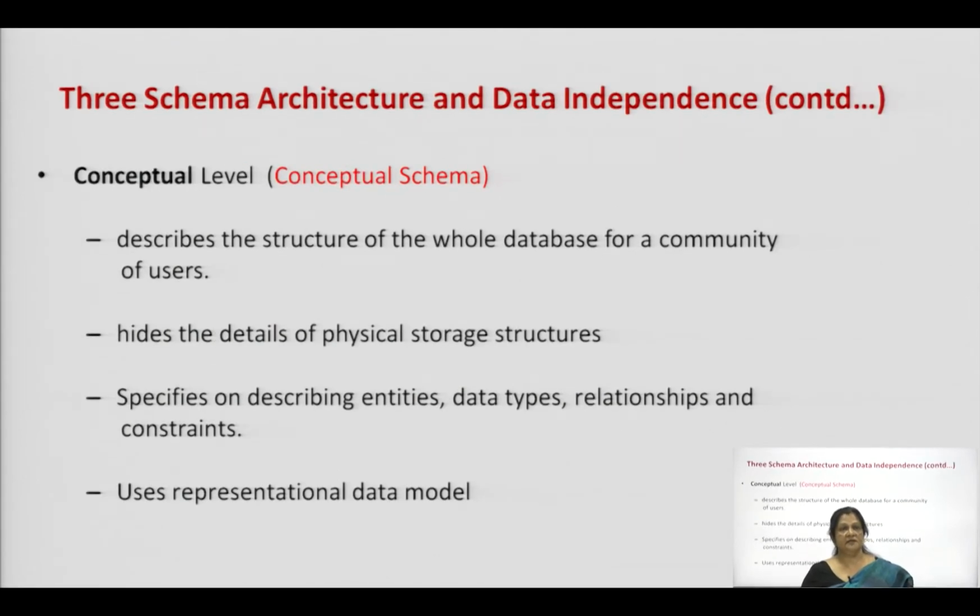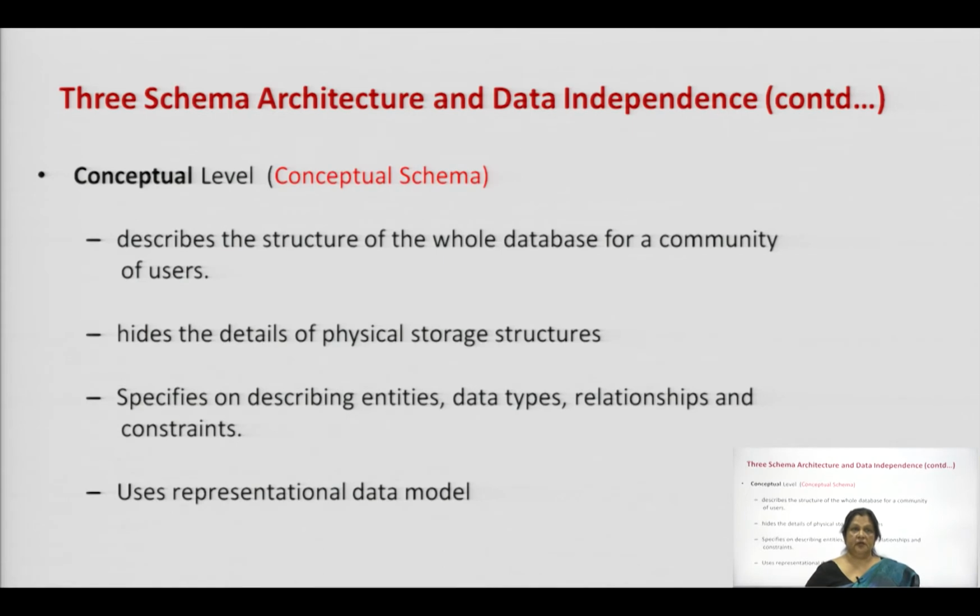When we say this conceptual schema, it describes the structure of the whole database for a community of users. That means the entire database for a set of users or for all the users who are going to use that database. And secondly, the conceptual level hides the details of the physical storage structures from the users.